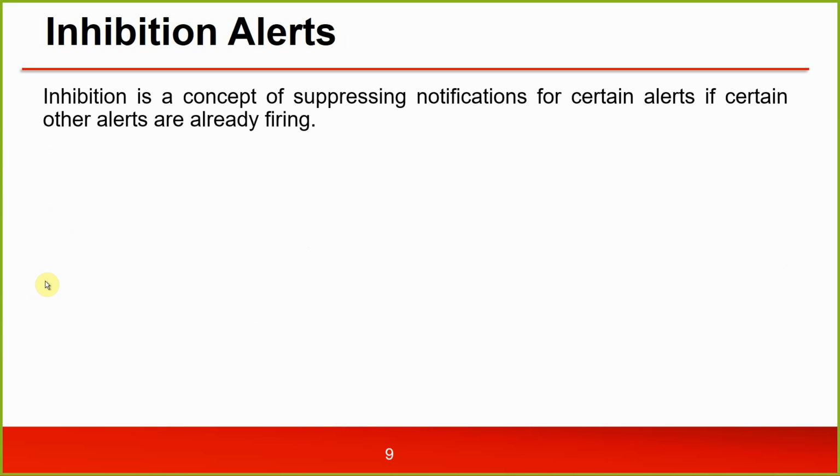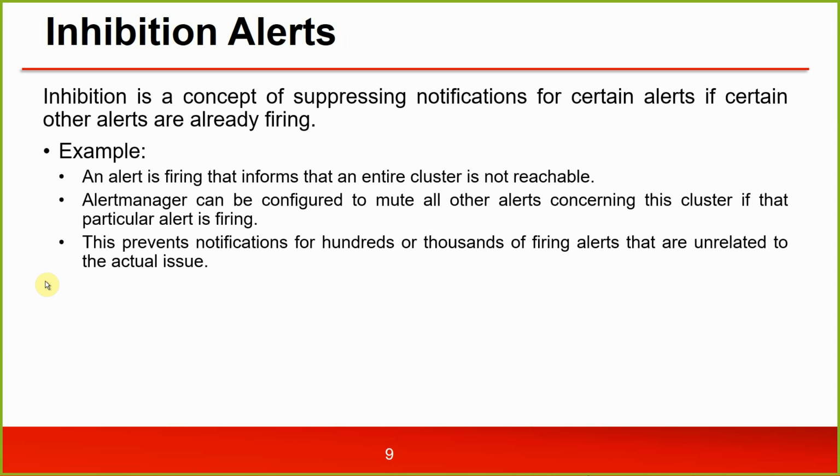Inhibition of alerts. Inhibition is a concept of suppressing notifications of certain alerts if certain other alerts are already firing. Look at this example. An alert is firing that informs that an entire cluster is not reachable.